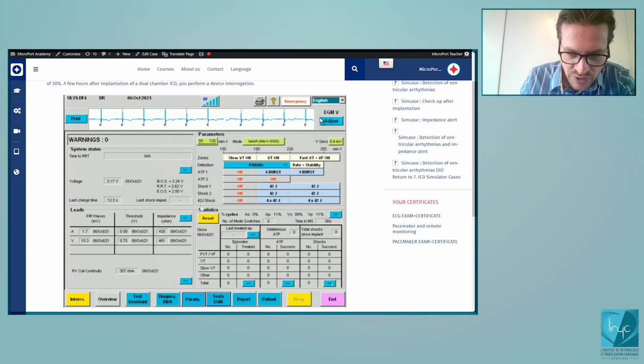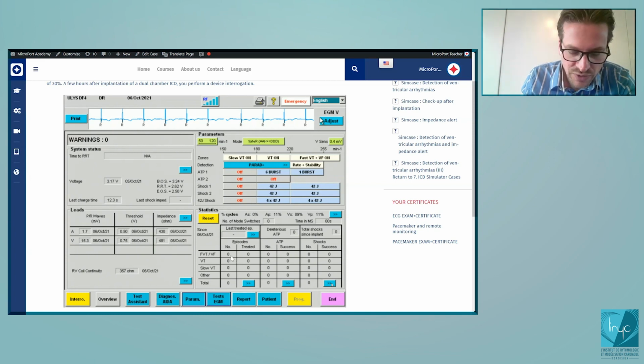So then we have another screen, which is a sub-screen which shows a lot of information: the statistics screen. Here we see how much atrial and ventricular pacing there is, how long the device has been in mode switch, the number of mode switches, and then there's some kind of Excel-type table with all the therapies, with or without ATP and shocks.